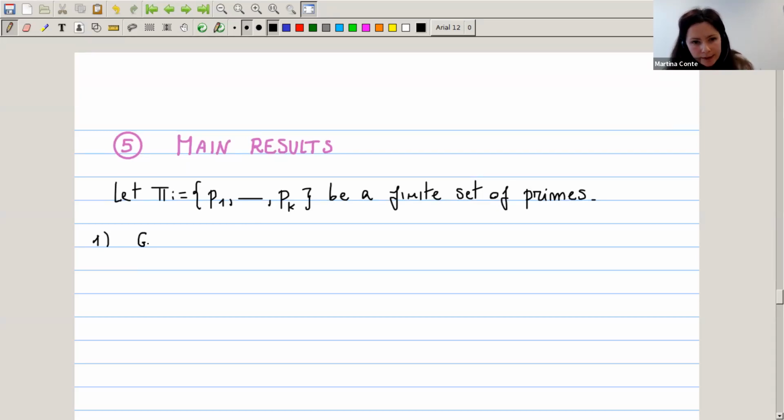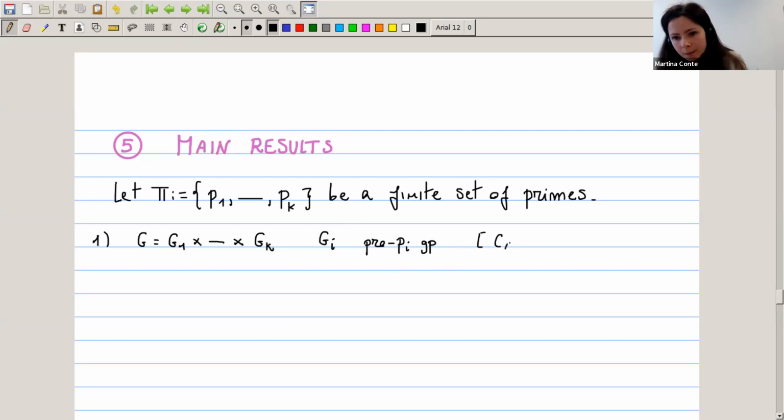We start by considering direct products of the form G1 up to Gk, where each Gi is a pro-pi group. So these are just finite direct products of pro-pi groups. And these are called CPI groups in the paper of Nies, Segal and Tent. They also study this kind of groups.